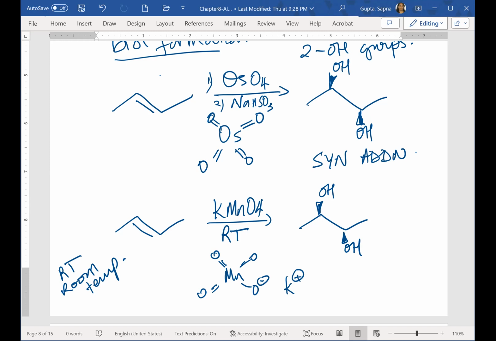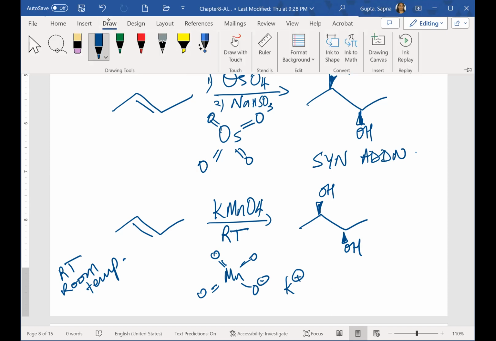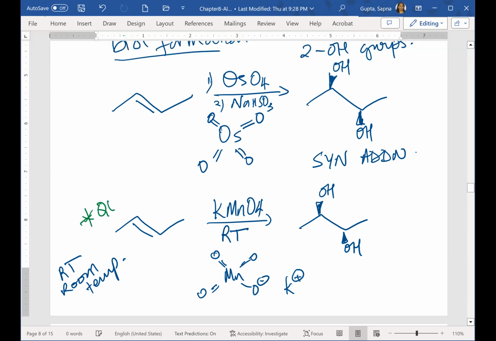These reactions are also oxidations because you're adding oxygen into the product. And the reason I'm mentioning this to you here is because this reaction is a qual test. And I don't know if you've already synthesized the alkene or not in your lab, but you're going to do the qual test, because now what you end up getting as the other product is actually MnO2, and you will see that I have not written that anywhere else.